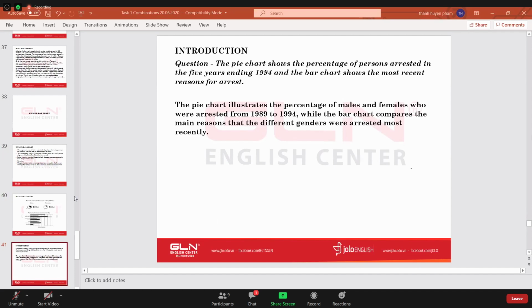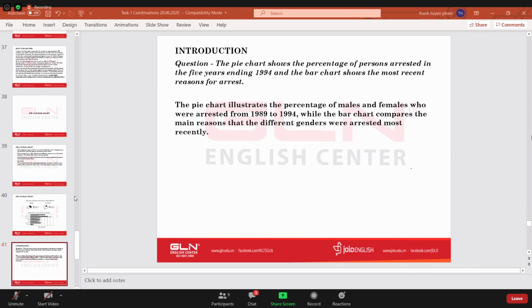So I've changed that to the pie chart illustrates, and I've then put the percentage of male and females instead of percentage of persons who were arrested from 1989 to 1994. So this replaces the 5 years ending 1994. And then I've linked them together with while the bar chart compares.